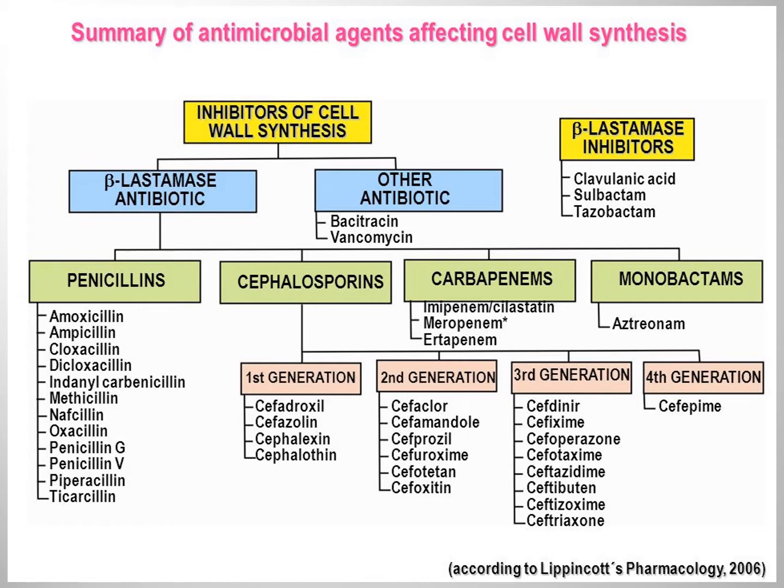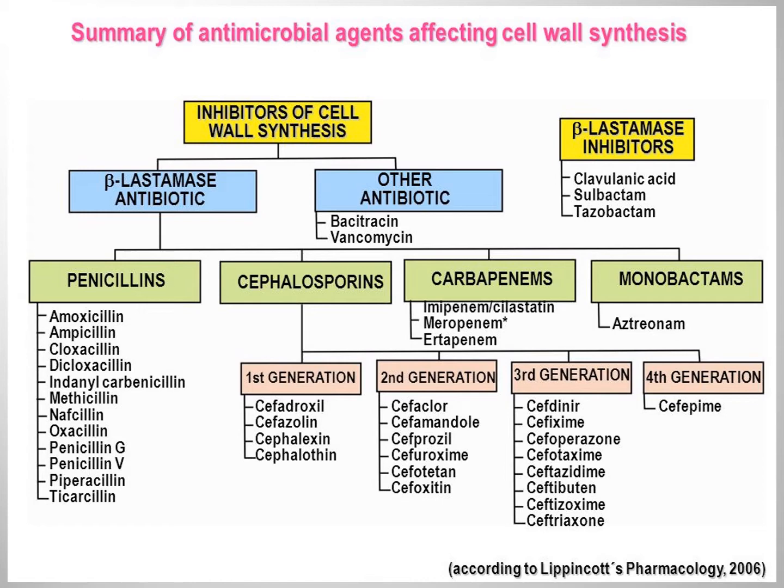Now, if you look at the top right corner, you'll see that we have beta-lactamase inhibitors: clavulanic acid, sulbactam, and tazobactam. What are those chemicals? Well, with the penicillins, the bacteria started to get very smart against the beta-lactam ring.